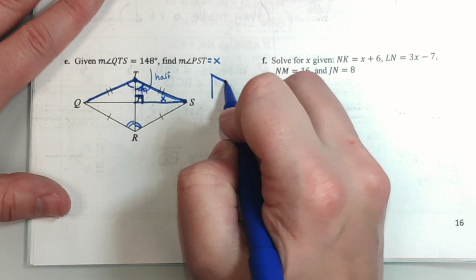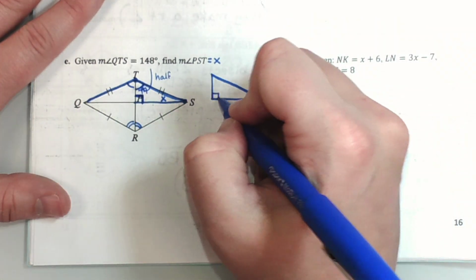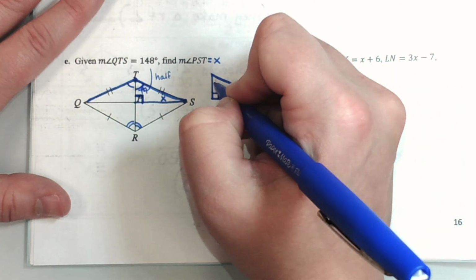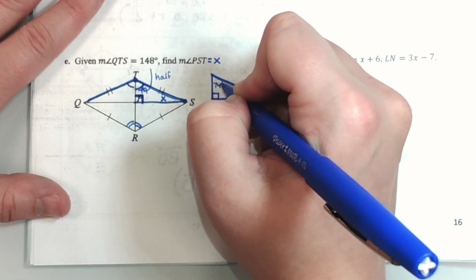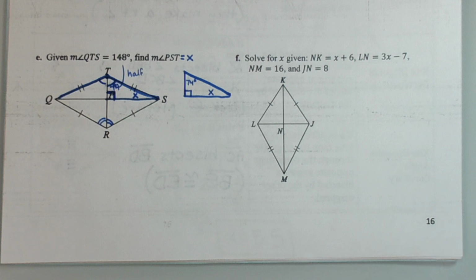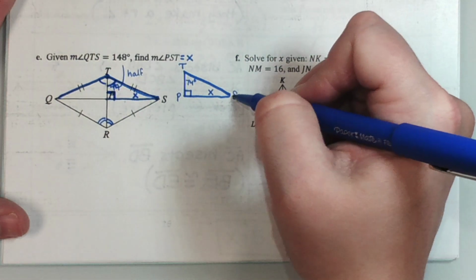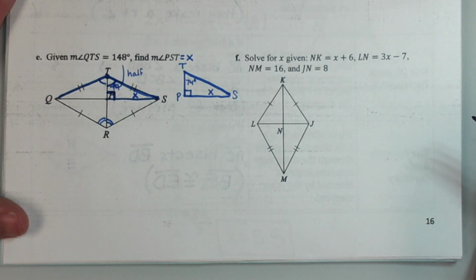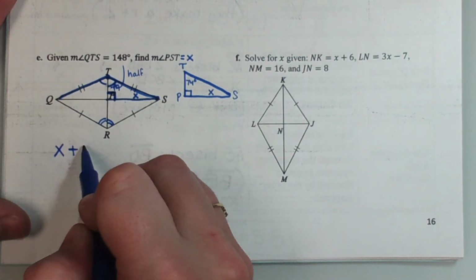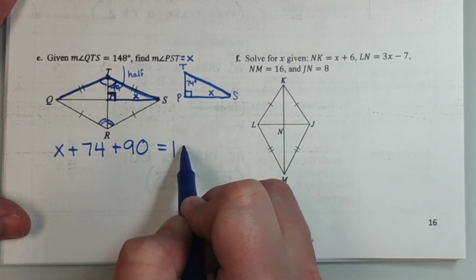Essentially, I've got a triangle going on, and I'm going to redraw it just because I can't really see it on here anymore. I got a right angle, I got an x, and I got a 74. What do you know about the angles of triangles? They add up to 180. x plus the 74, don't forget to add the 90, equals 180.